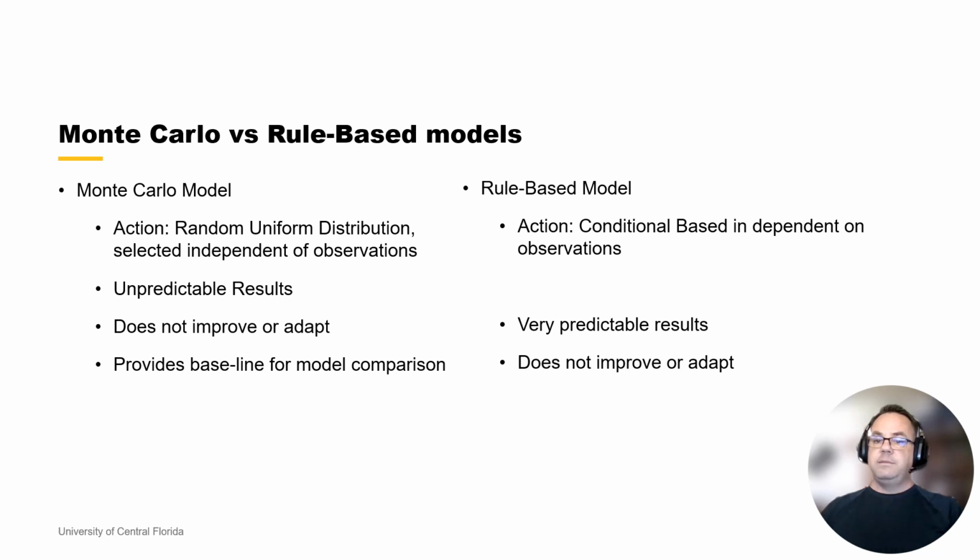However, like the Monte Carlo model, the rule-based model also lacks the ability to learn or adapt. The rules are predefined and fixed, meaning the model cannot improve its decision-making based on past experiences or outcomes. Overall, while the rule-based model offers more control and predictability compared to the Monte Carlo model, it still has its limitations. These two models together provide a foundation for understanding the benefits and drawbacks of more advanced reinforcement learning techniques.